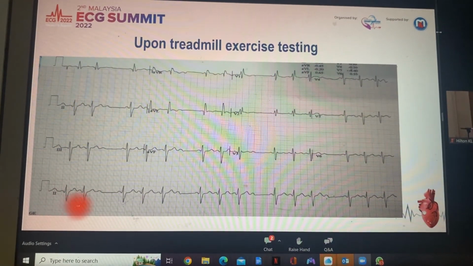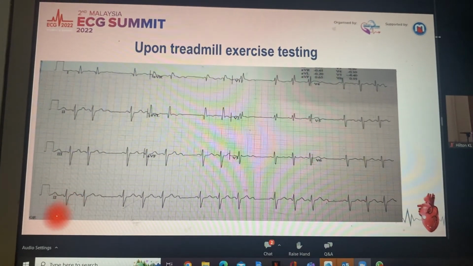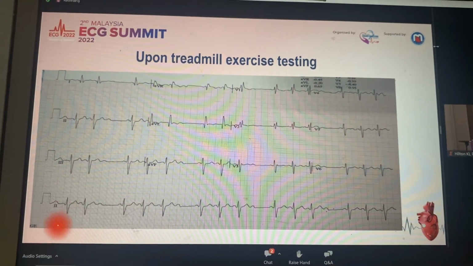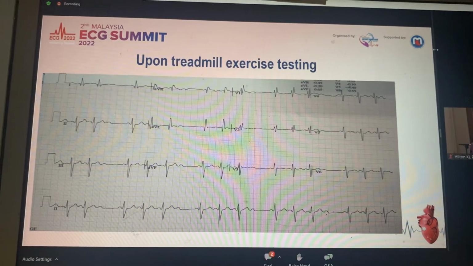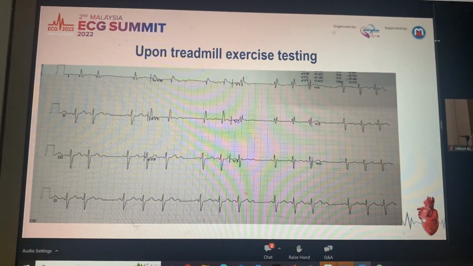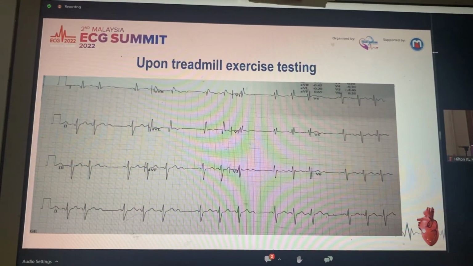So we got second degree type 2 AV block. We call it the dropped beat. After 2 beats it drops, and then now you get 3 to 1 blocks, 4 to 1 blocks, and during the exercise testing, the patient did complain of reduced effort tolerance. They complained of dyspnea and mild dizziness during the exercise testing.